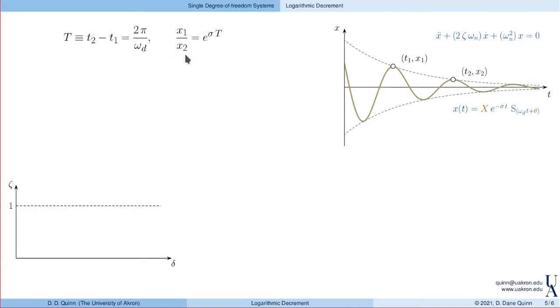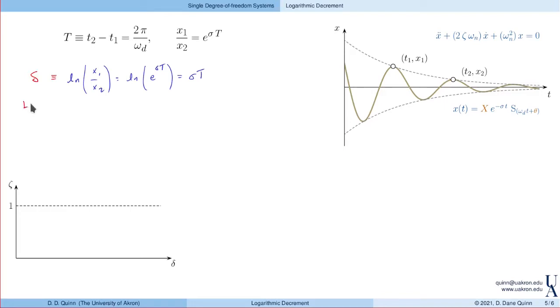Here we would like to reduce this. So what we'll do is just take the natural log of both sides. Right? So the natural log of x1 over x2 is equal to the natural log of e to the sigma t, and that just equals sigma t. So this quantity on the left, the natural log of x1 over x2, we define as delta.